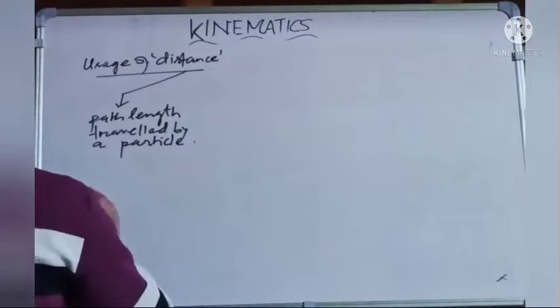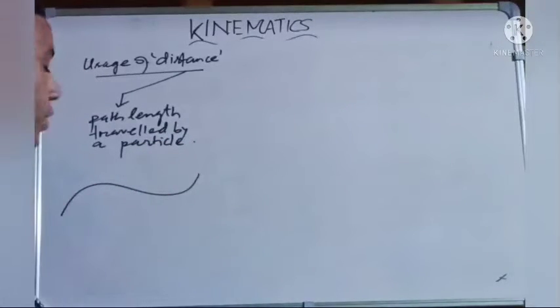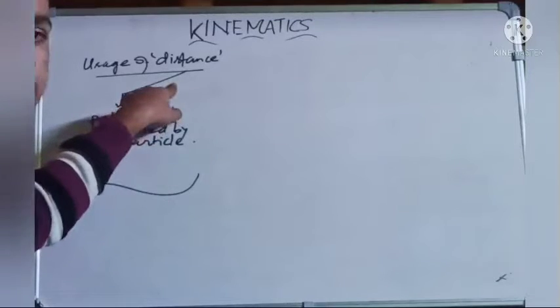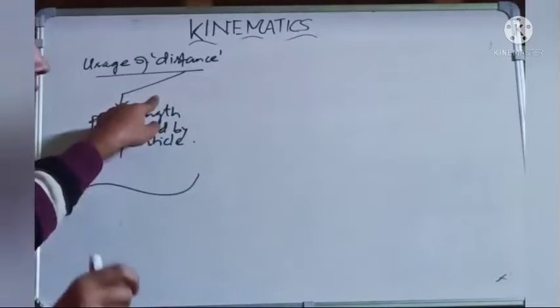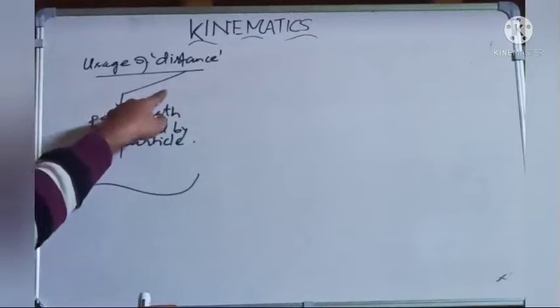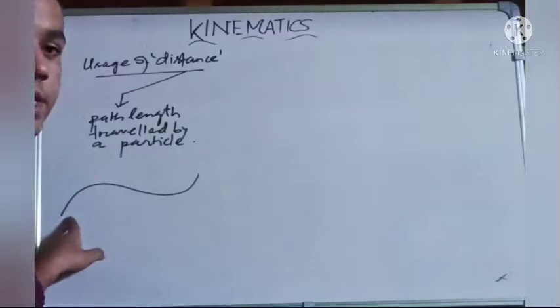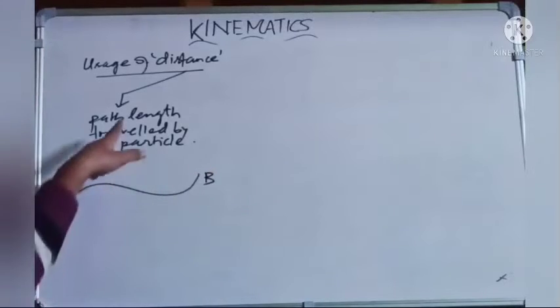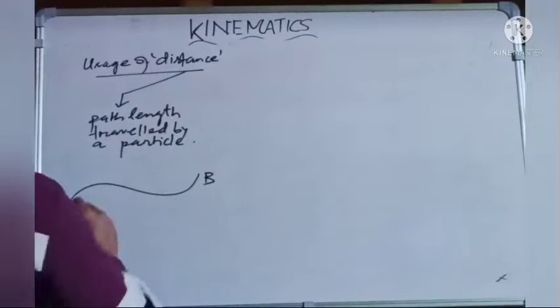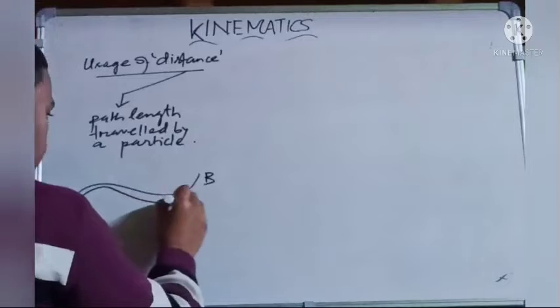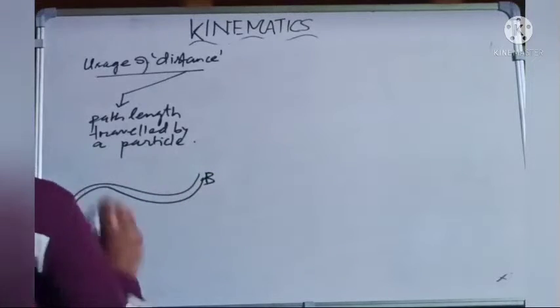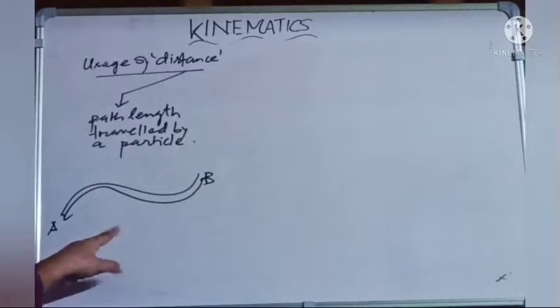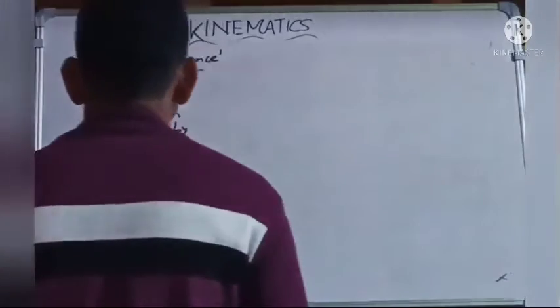Suppose a particle moved in this direction, and we are asked to find the distance of a particle moving in this trajectory from A to B. Then we have to find the path length of this trajectory. That means we have to determine this whole length in the units of distance, that is meters.